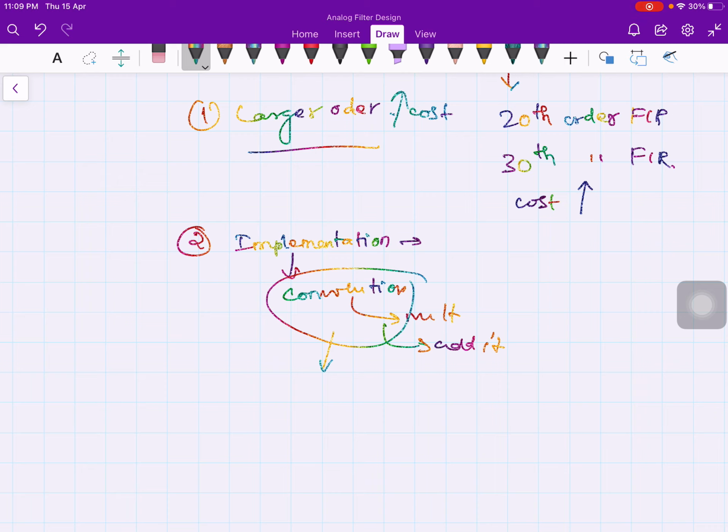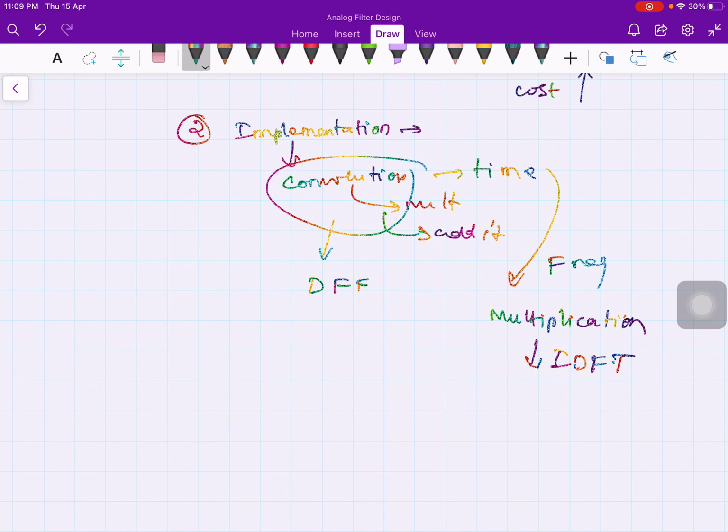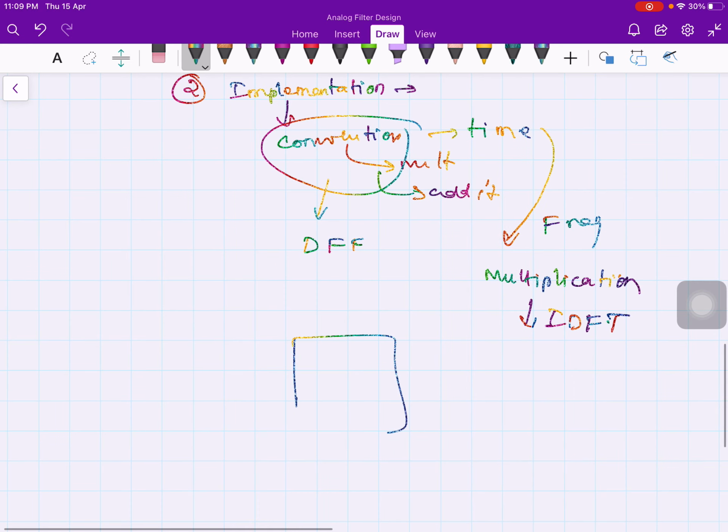Why? Because convolution can always be calculated by DFT. See, in the time domain this is convolution, but the moment you convert to frequency domain, it will be multiplication, simply multiplication. So you take DFT and multiply, and then again take IDFT, inverse discrete Fourier transform. Right? So you have a system, impulse response h of n, and the input is x of n, output is y of n.